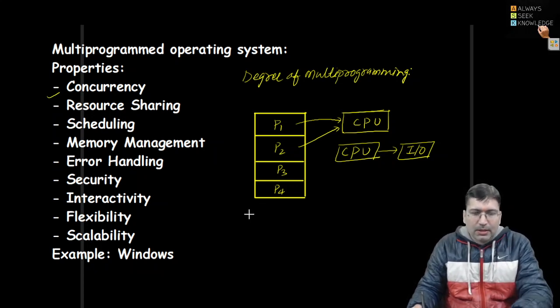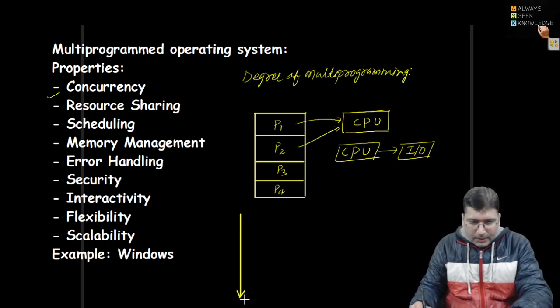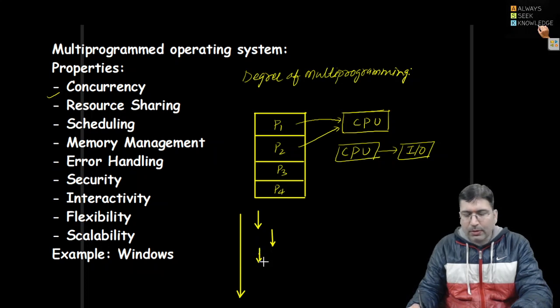Concurrency means, let's say we have started executing the processes. So let's say this is the timeline I am creating, and the time is increasing in the downward direction. Here let's say P1 process is executing, and at the next moment context switching happens, P2 is executing, and then after some time P2 is interrupted for IO, then P1 starts its execution.